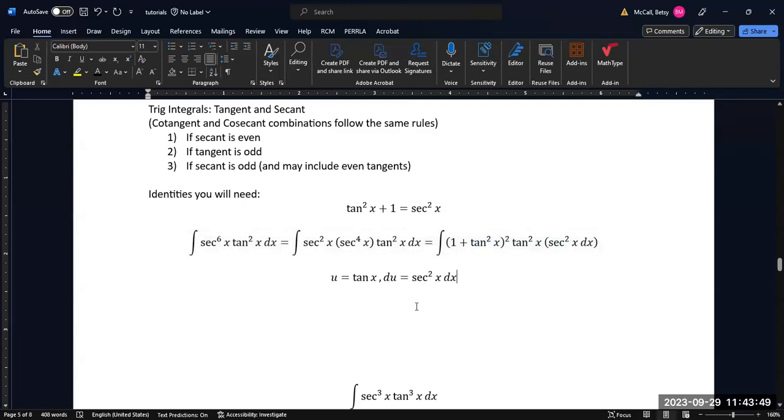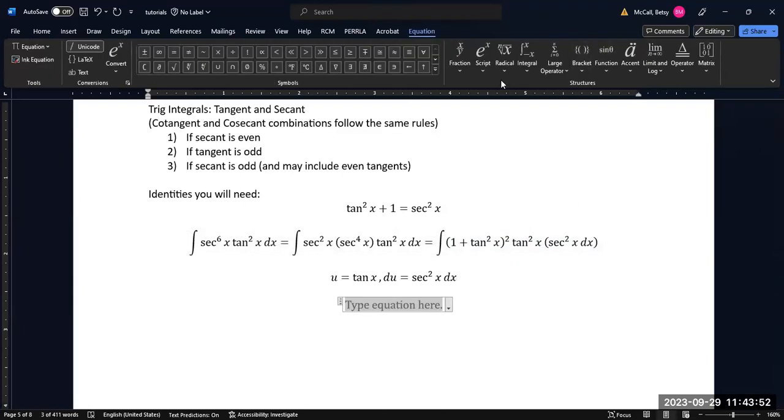And if I make that replacement in my integral, I'm going to get 1 plus u squared, squared, times u squared times du. And then I'm going to have to do some algebra, obviously, in order to be able to integrate this.